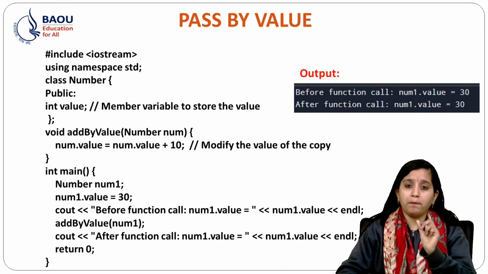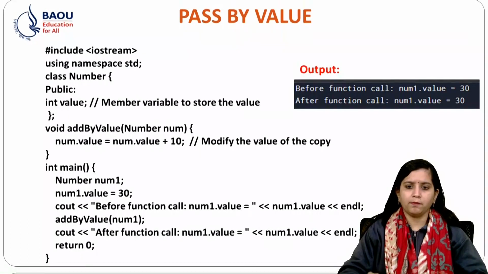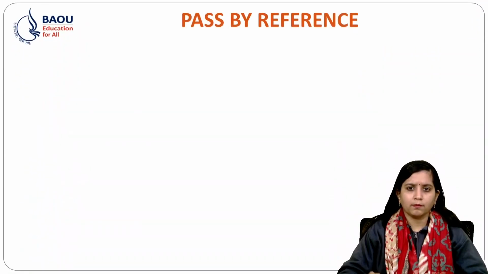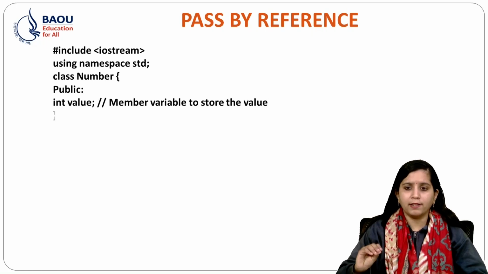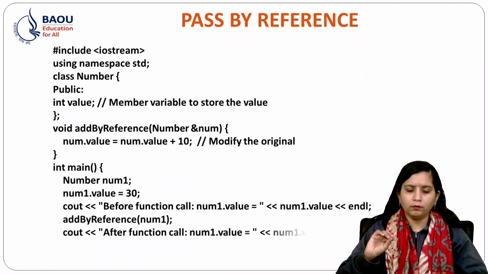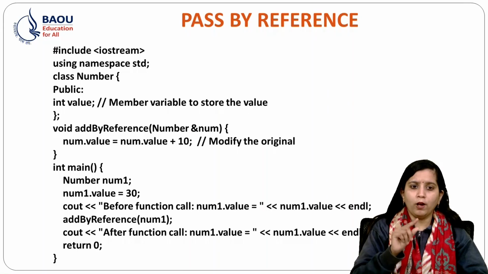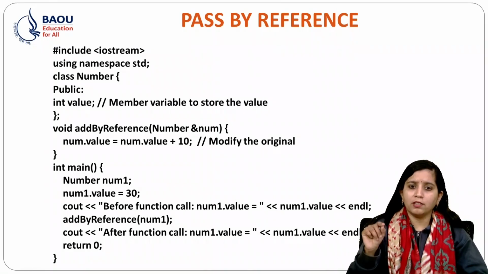Now let's see pass by reference, and then you will get the difference between pass by value and pass by reference. I've taken the same example as the earlier slide. See, int value, now I have changed it to the void add by reference member function. In that I am passing Number &num.